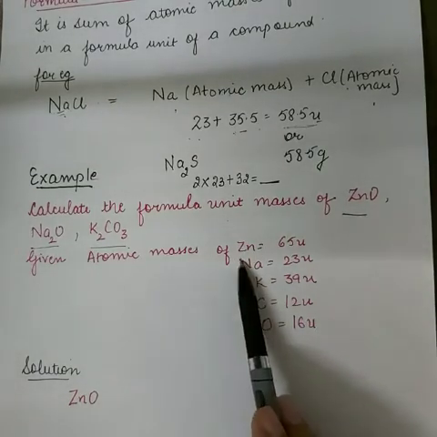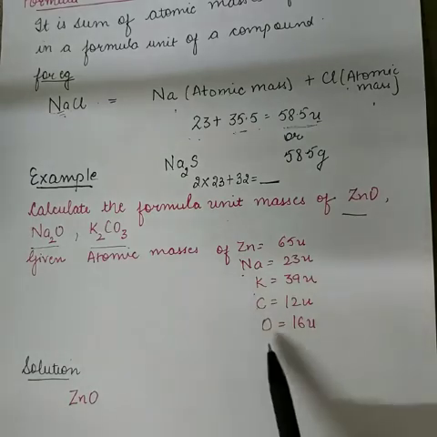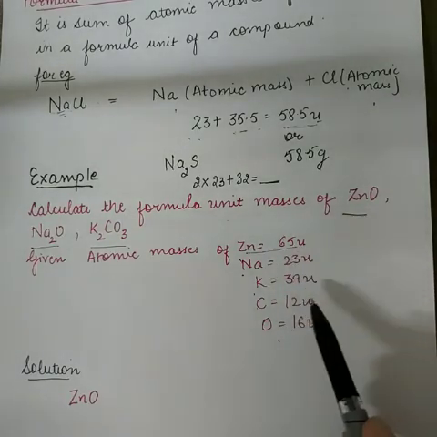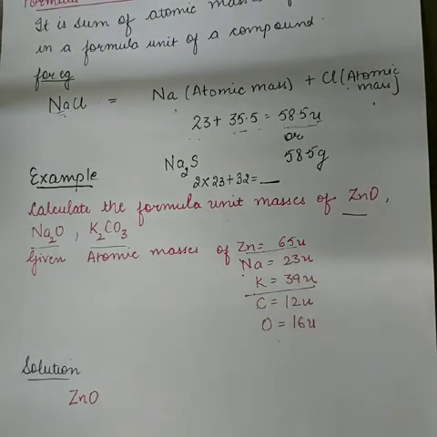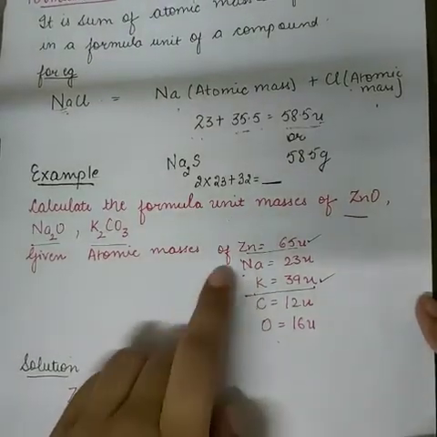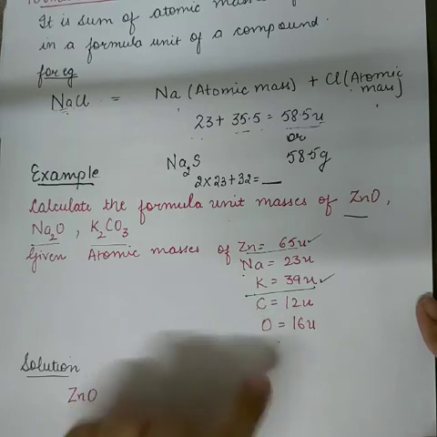The atomic masses of zinc, sodium, potassium, carbon, and oxygen are given. Zinc and potassium are above 20 elements, so their atomic masses will always be given. You should know sodium, carbon, and oxygen, although they are given.